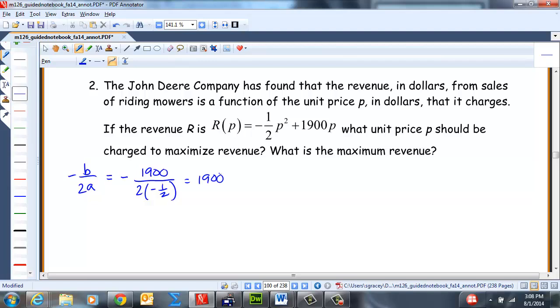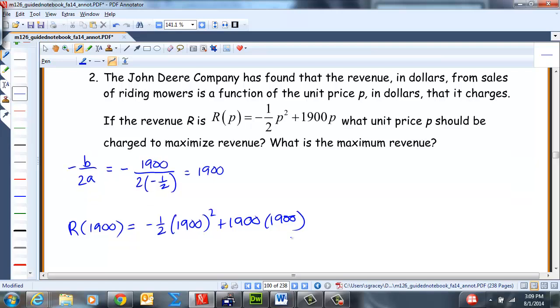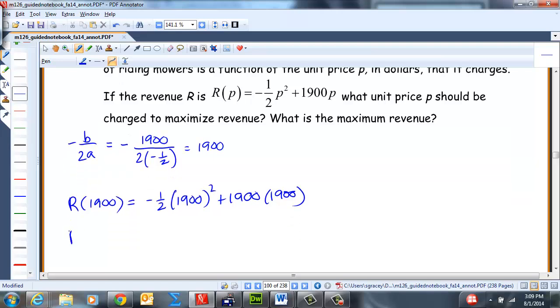So now what is the max revenue? Well, R evaluated at 1900 gives us the maximum revenue. So that is negative 1/2 times 1900 squared plus 1900 times 1900. So we'll just punch it in on the calculator.